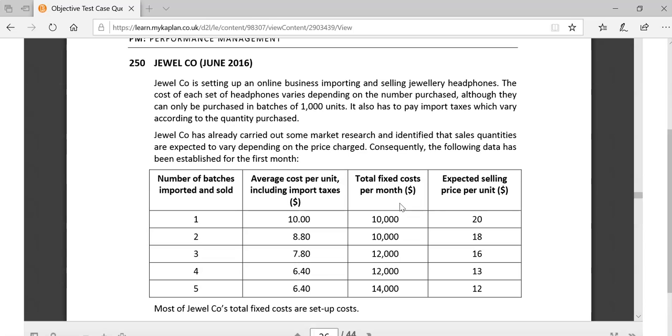Interesting question. This question is a bit odd in that they're almost wanting us to just do this manually to look at what's going on, which is why they give us a table. There's nothing wrong with that. It's not usual. Typically, we're doing what we did using simultaneous equations, trying to find A, trying to find B, especially when we're talking about pricing, or even when we're talking about costing, we're looking at high-low methods.